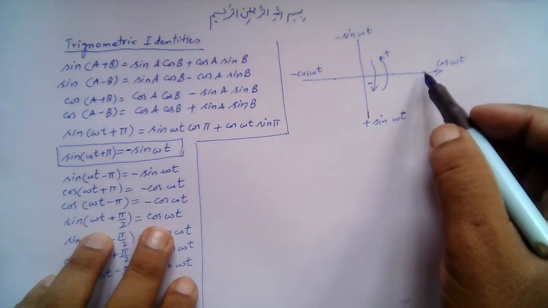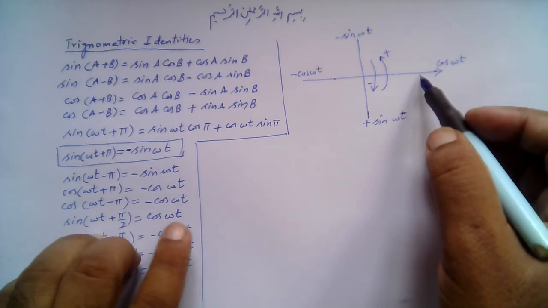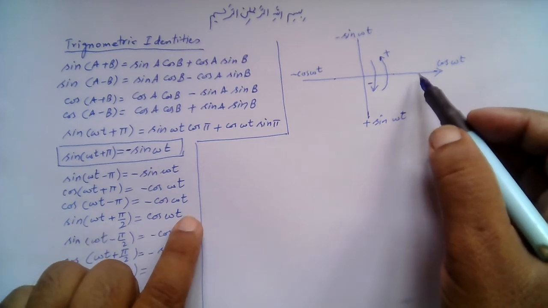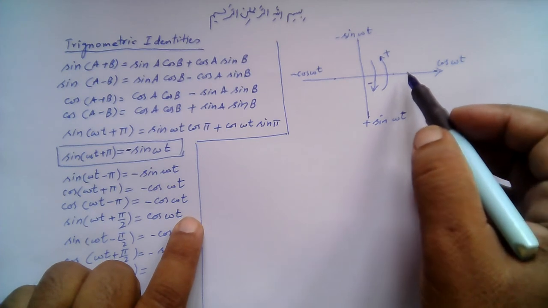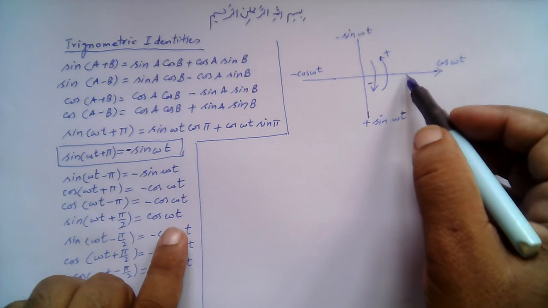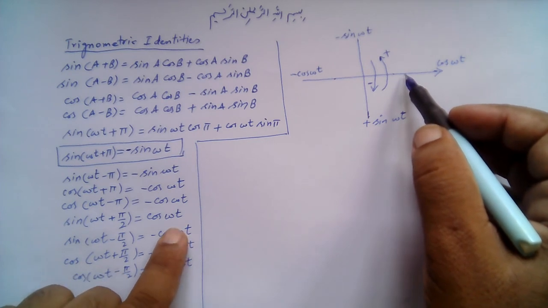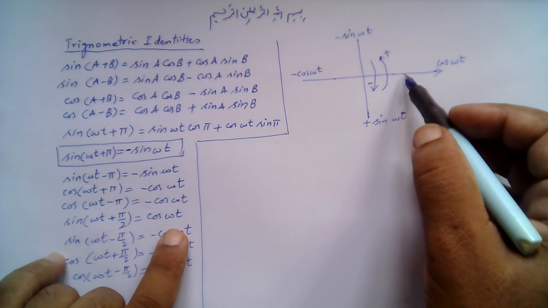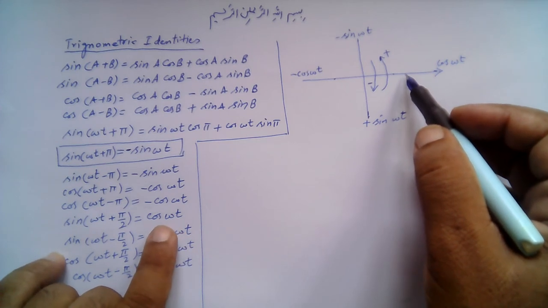So we are at cosine omega t, right? So we do not have plus pi by 2 or minus pi by 2 here, so we cannot go from here. Actually, we need to find out the value of the sine, in which if we add or subtract pi by 2, we will arrive at cosine omega t, right?